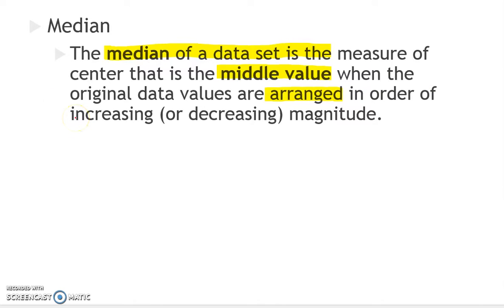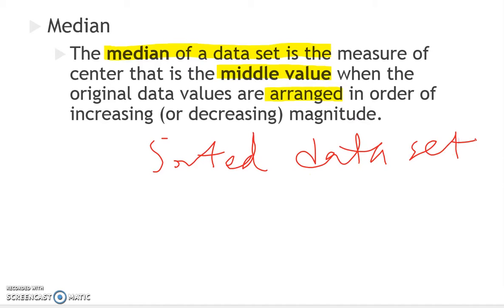We can also say it's a sorted or ordered data set. Basically, you need to sort the original data values in either increasing or decreasing order, and the median will be the middle value when the data set has been sorted.